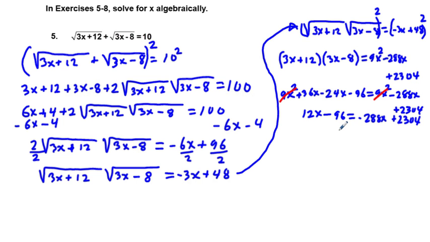And then if we add 96 to both sides of this equation, so I'll put plus 96 here on the left and plus 96 on the right. And we'll add 288x to both sides of this equation.